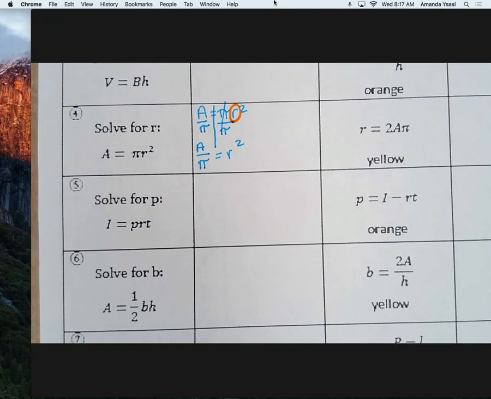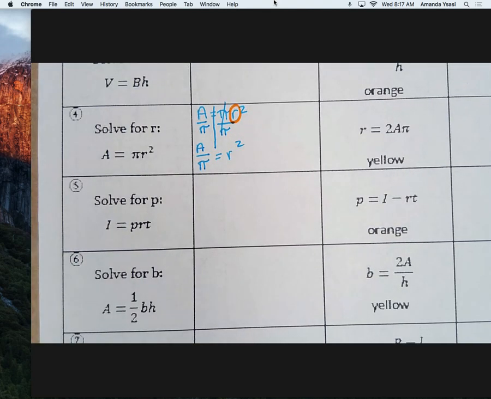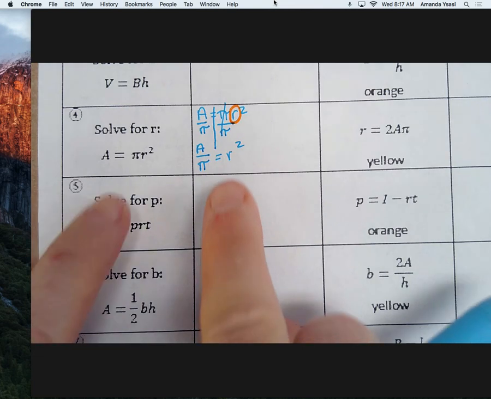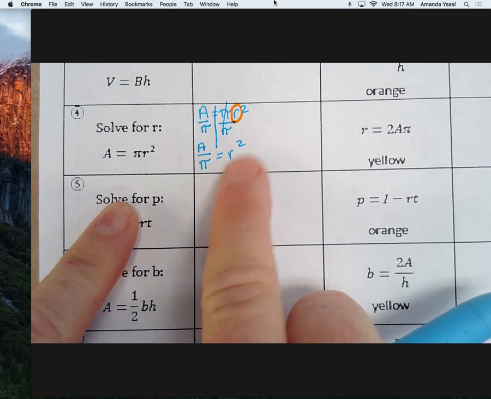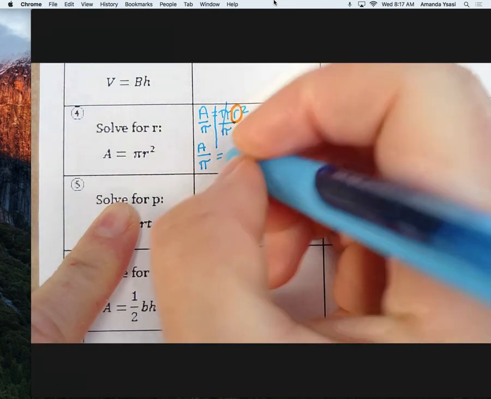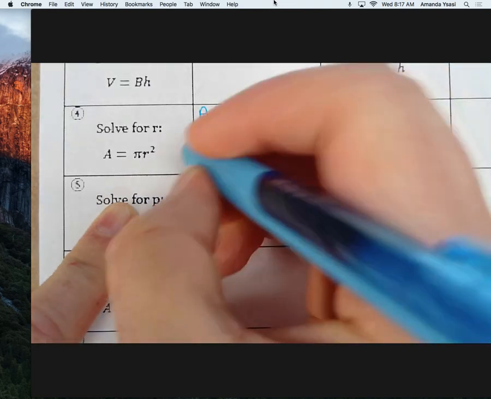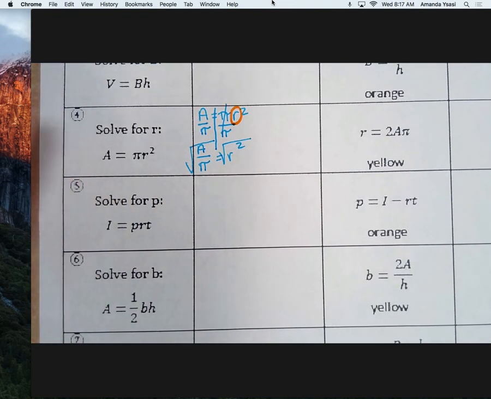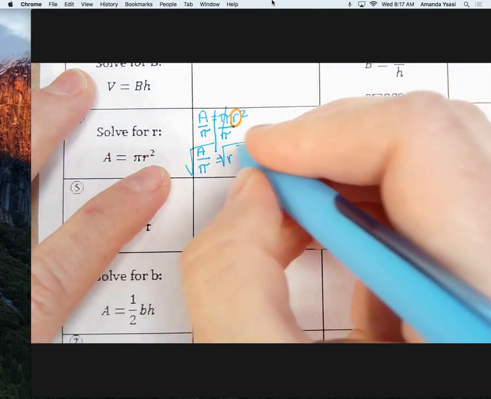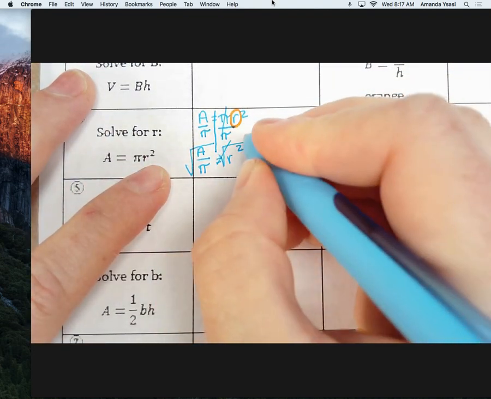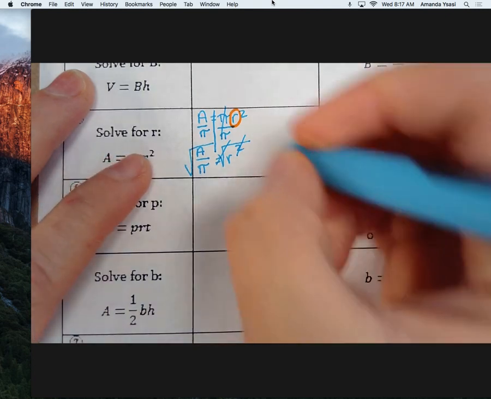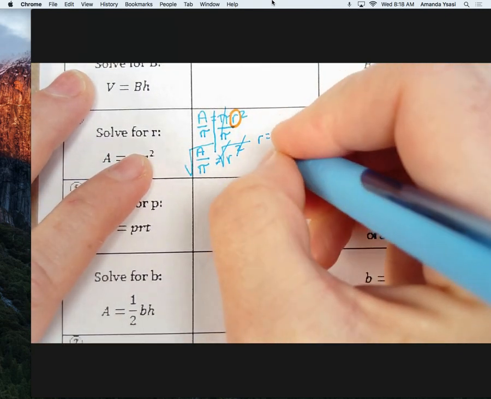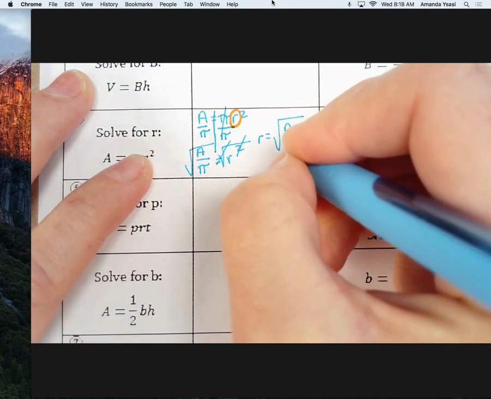So remember, we're always doing inverse operations to get it by itself. What would be the inverse of r squared? Square root. Square root and squared are inverses, so they cancel each other out. So you can mark out the square root and the square, and you're left with r equals square root of A over pi.